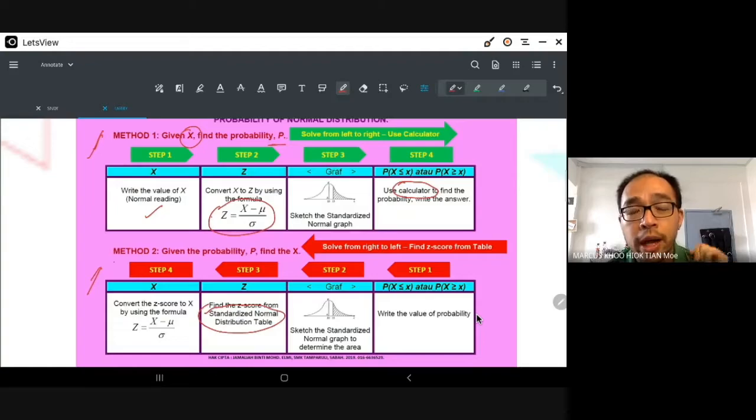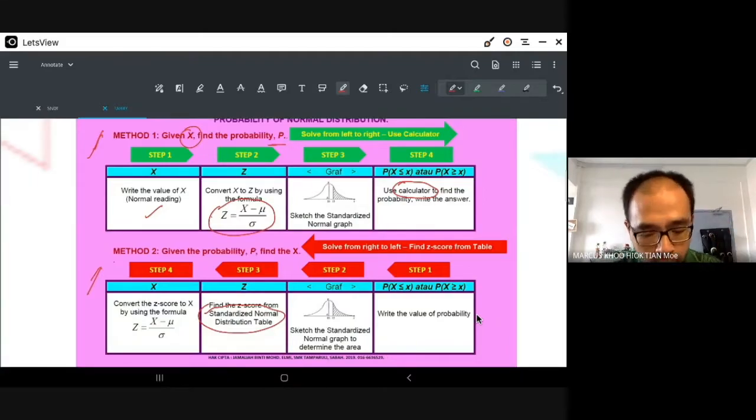So why would anybody in their right mind want to waste time learning two methods for finding the same thing? Better you use just one method. As I said before lah, the calculator is supposed to help you, not to become smarter than you. Okay, humans are always smarter than calculator, and that's why I always believe that if you can use the table, use the table. Don't use the calculator. Okay, the calculator is for losers.